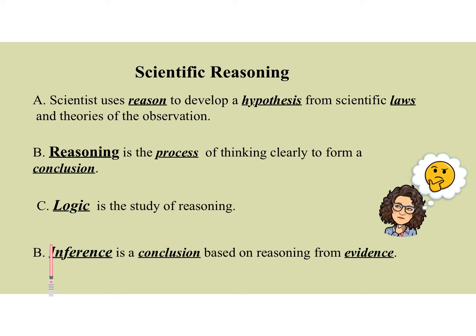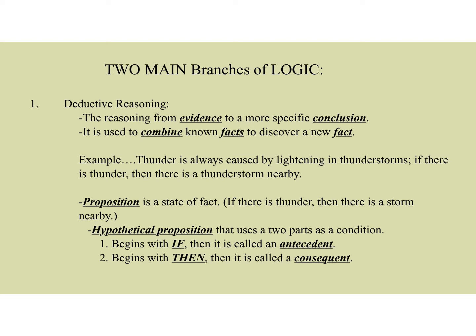It involves taking evidence, which are facts that you already know, and using them to make an inference, which is a conclusion based on reasoning from the evidence that you have already gathered. Now, there are two main branches of logic: deductive reasoning and inductive reasoning, which we'll get to on the next slide.